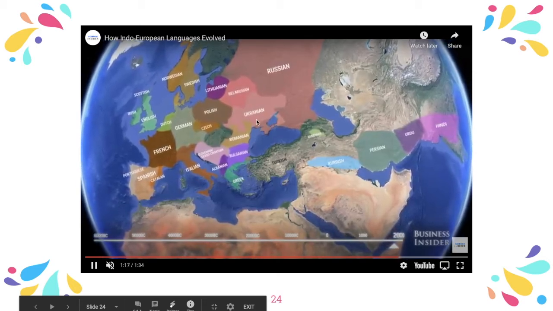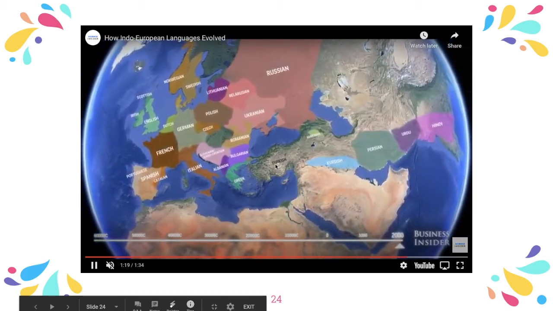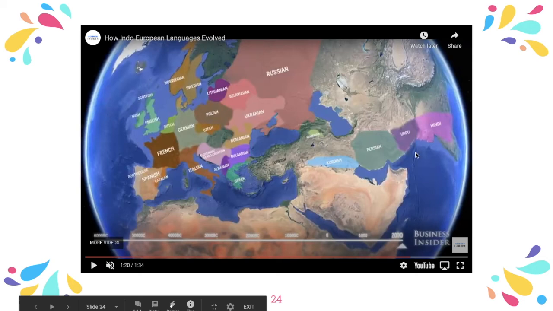And you can see the Balto-Slavic languages have evolved quite a bit as well. And over here to the east, also very important, we see the Hindi language, which is stretching all the way to South Asia into India and is now the predominant language used in India today. That's part of the Indo-Iranian branch of the Indo-European language.